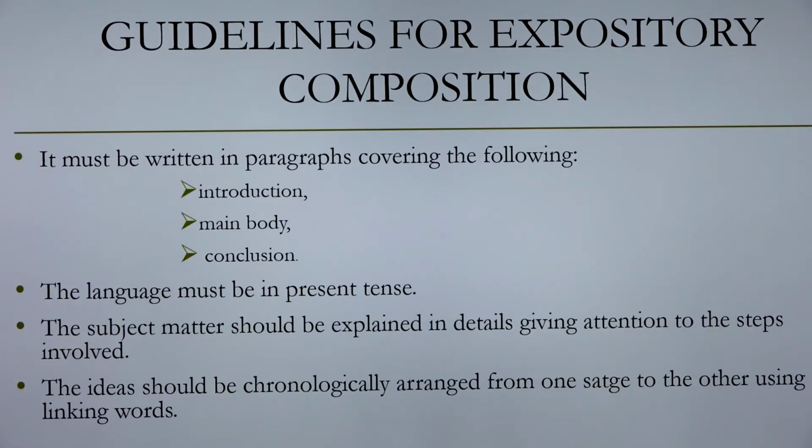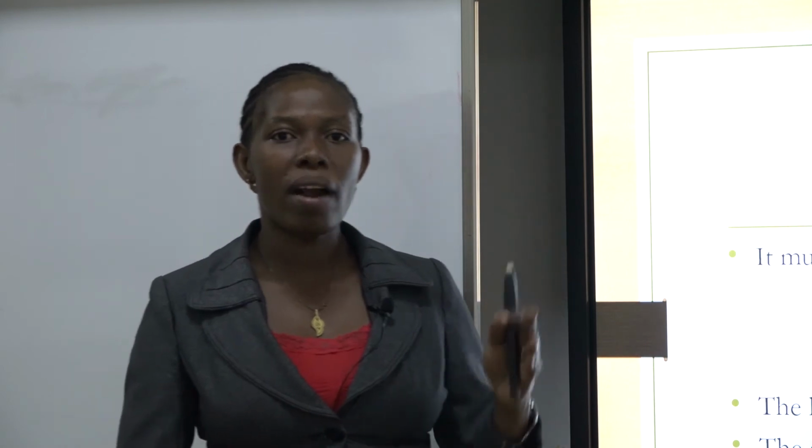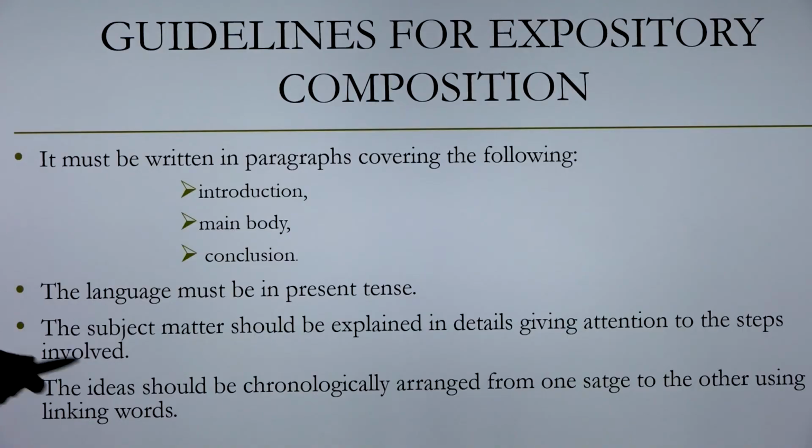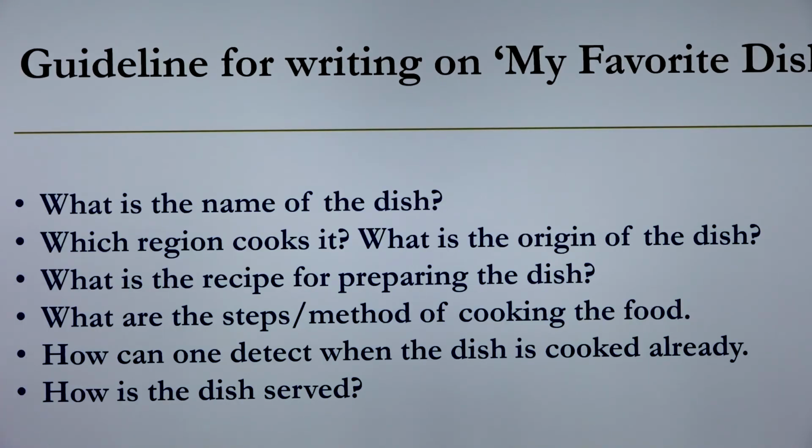The ideas should be chronologically arranged from one stage to the other using linking words, like furthermore, added to this. If you finish a paragraph, you can say also, furthermore, in other words. So these are some linking words we're talking about.